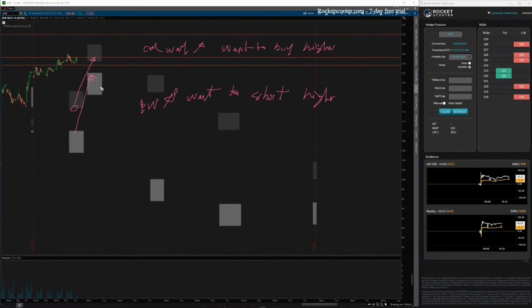Firstly, less volatile. We're trying to see, would this be more bullish or more bearish sentiment? At this price, it becomes more bearish because people went to short higher.